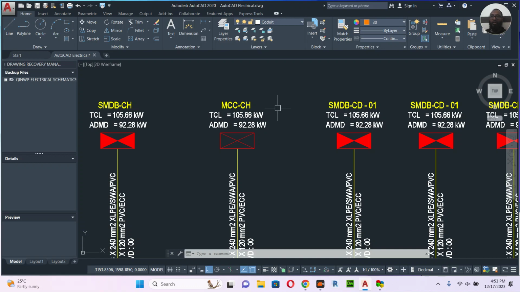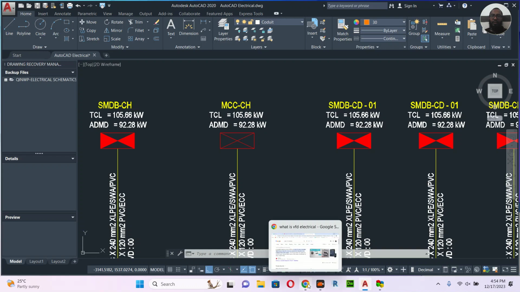A frequency, I hope you know, in electrical, is the up and down of the wave. So with more frequency, I think higher speed of the motor, and with less frequency, lower speed of the motor. This is what I understand.